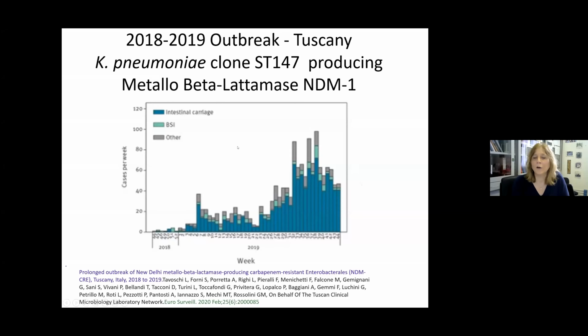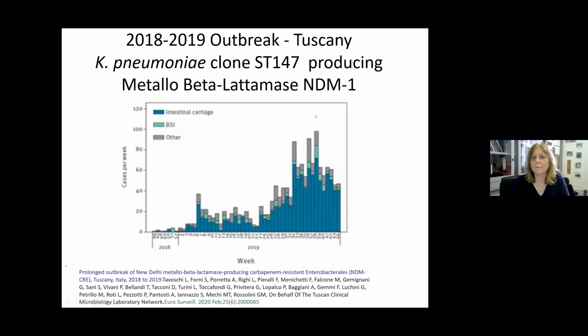There was an enormous outbreak in several hospitals of this region due to another clone, ST512, producing the metallo-beta-lactamase NDM. This prolonged outbreak caused several deaths.